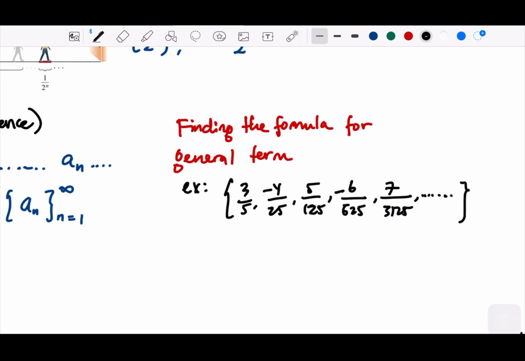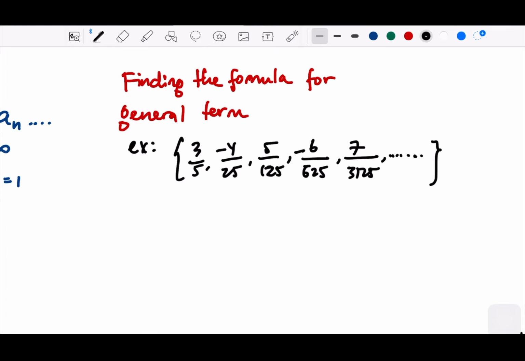So we have an example here, and one of the typical examples for a sequence is finding the formula for its general term. So if you look at the denominator and the numerator, I think we can get something, okay? But the problem that arises here is there are negative signs. So it's positive, negative, positive, negative, positive, right? So perhaps we could write down first what's the original.